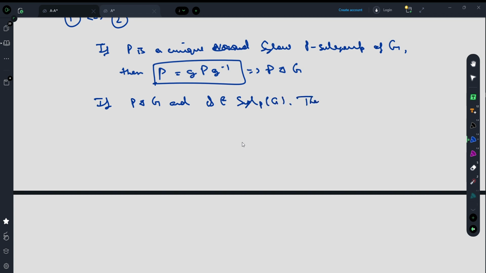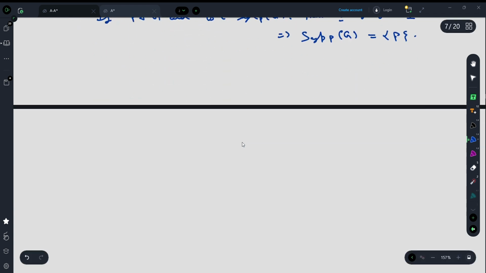Say Q is a Sylow p subgroup of G, but then by the second Sylow theorem, Q is a conjugate of P. But conjugates of P are equal to P because P is normal, so Q must equal P. So if Q is an arbitrary element from the Sylow p subgroups of G, that implies the Sylow p subgroups of G contain only one element. So P is a unique Sylow p subgroup, right? So 1 implies 2.